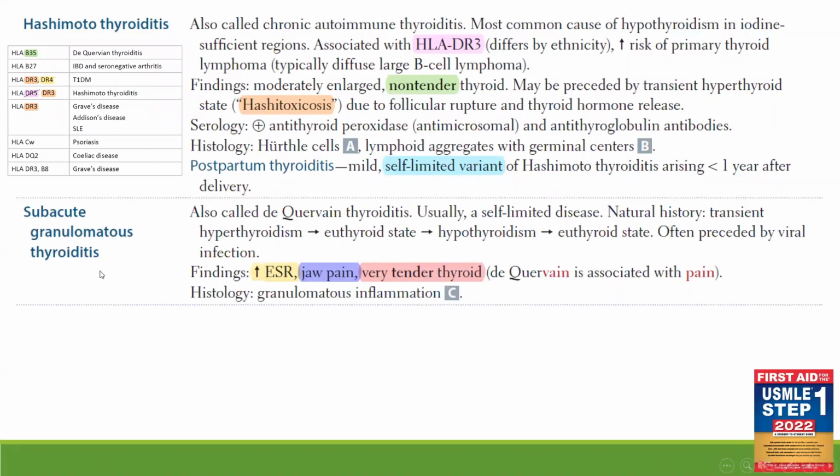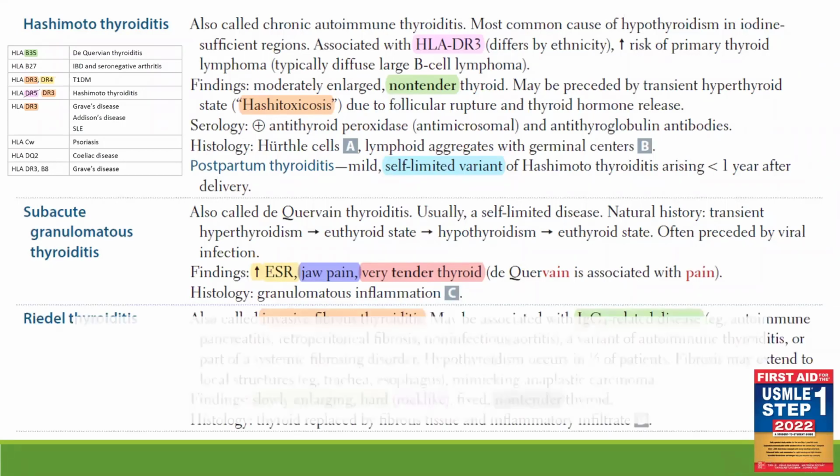Subacute granulomatous thyroiditis, this is a painful thyroiditis. ESR is elevated, usually presenting with jaw pain and a very tender thyroid. De Quervain means pain. The treatment is non-steroidal anti-inflammatory drugs. The patient presents clinically with hyperthyroidism, then a euthyroid stage, then hypothyroidism, and in most cases at the end euthyroid, usually preceded by viral infection.